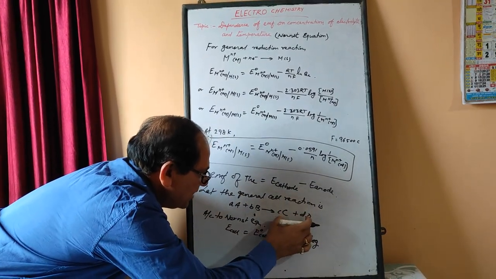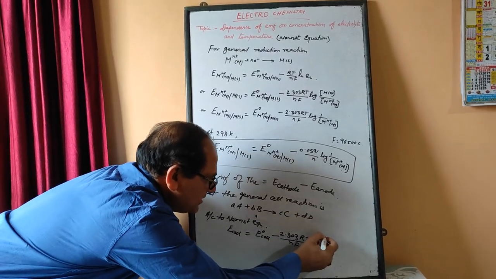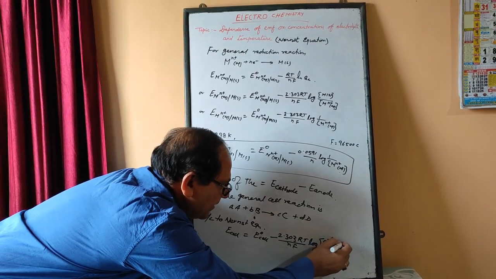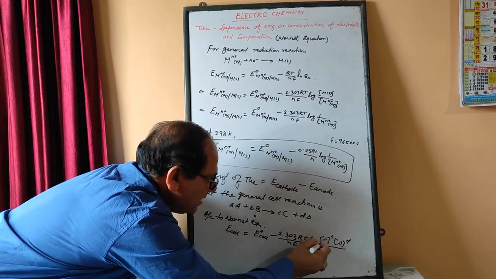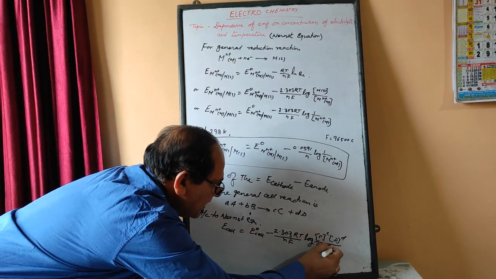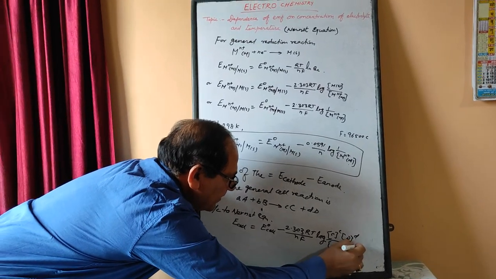Qc means concentration of products divided by concentration of reactants. So look, C power c, D power d divided by A power a and B power b.